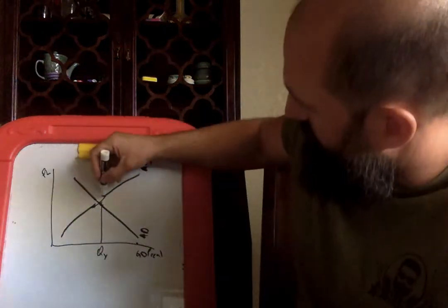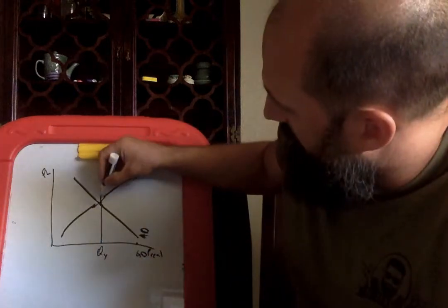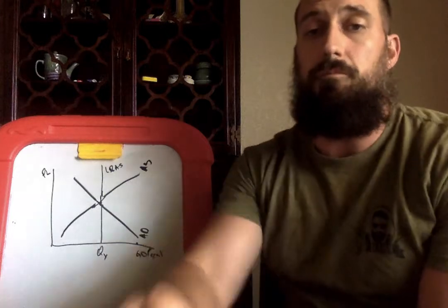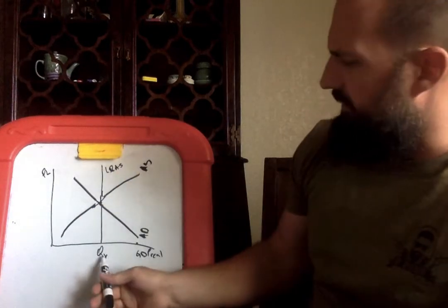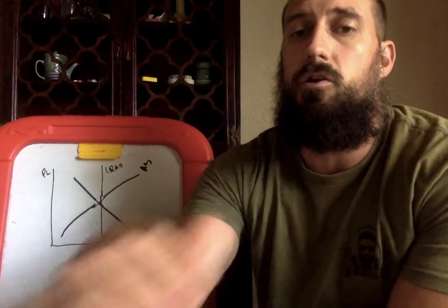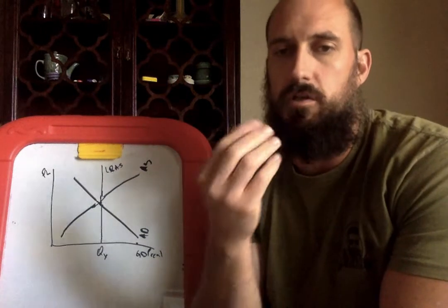Okay, and so here we have our equilibrium point. So we're producing at full employment at this point. And you can see that whenever you're on the long-run aggregate supply curve, you're producing at full employment.